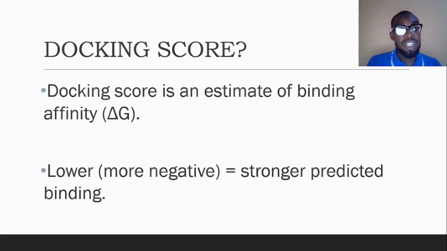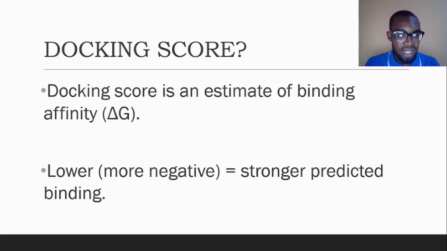Other algorithms will give different kinds of docking scores. You will see MolDock, GDock, and many other things. But it's important to recognize that the more negative the docking score, the greater the interaction between those two molecules, that is, the macromolecule you are working with and your ligand.